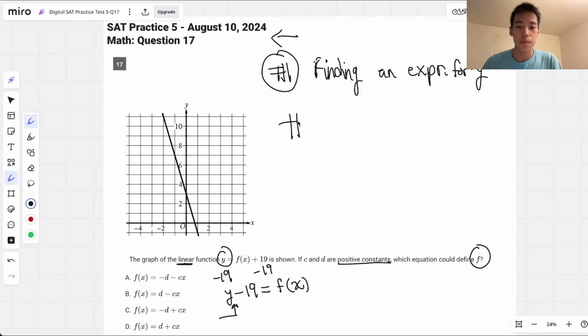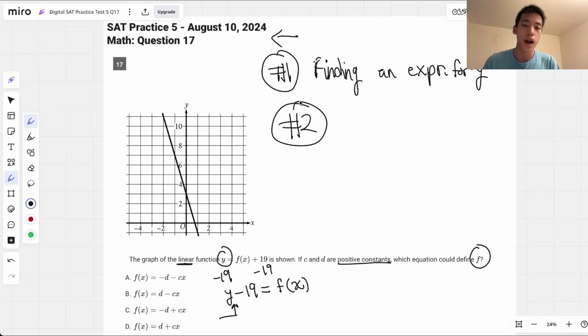A second approach I'm thinking about is considering the different forms of the answer choices. And so usually in a math problem, especially on the SAT, I don't usually think about answer choices, but if the problem gives you some constants or variables that aren't very well defined, like positive constants could mean anything from pi to 3 to 2.1, then I could think about what it really means to have f as maybe one of the answer choices.